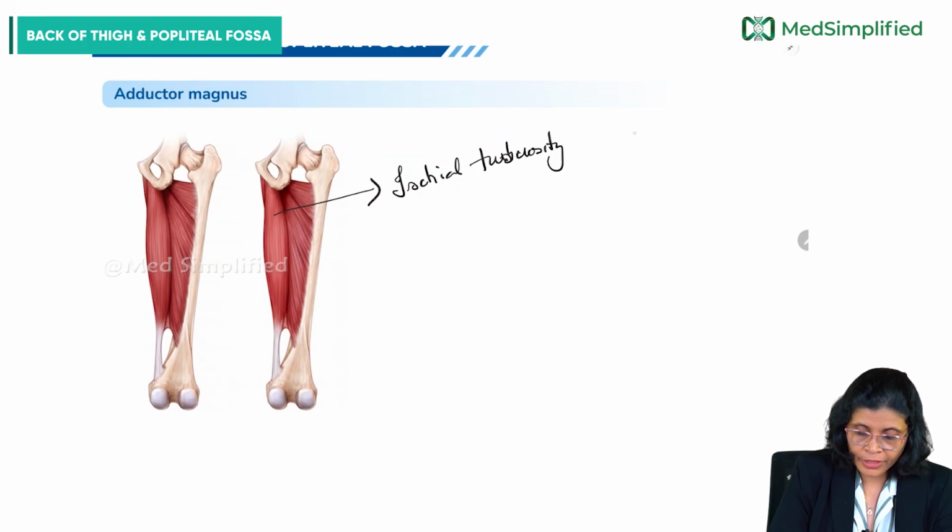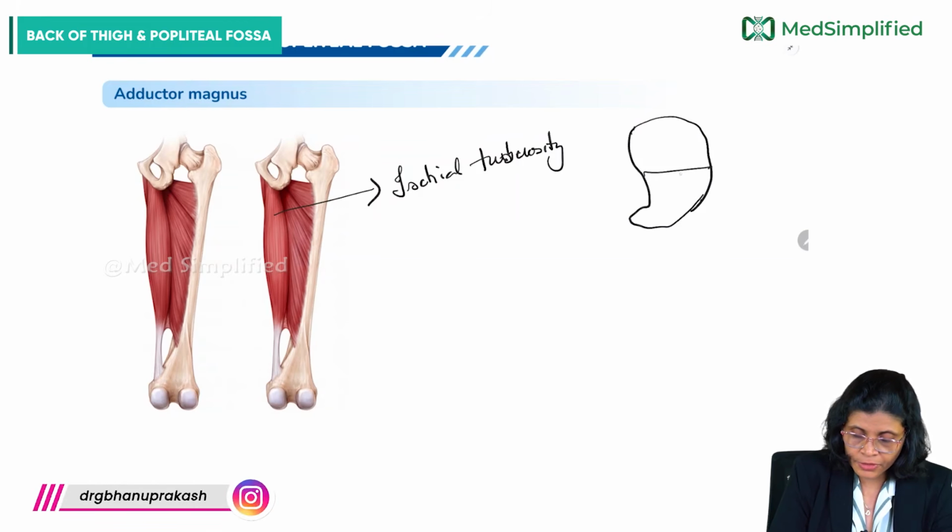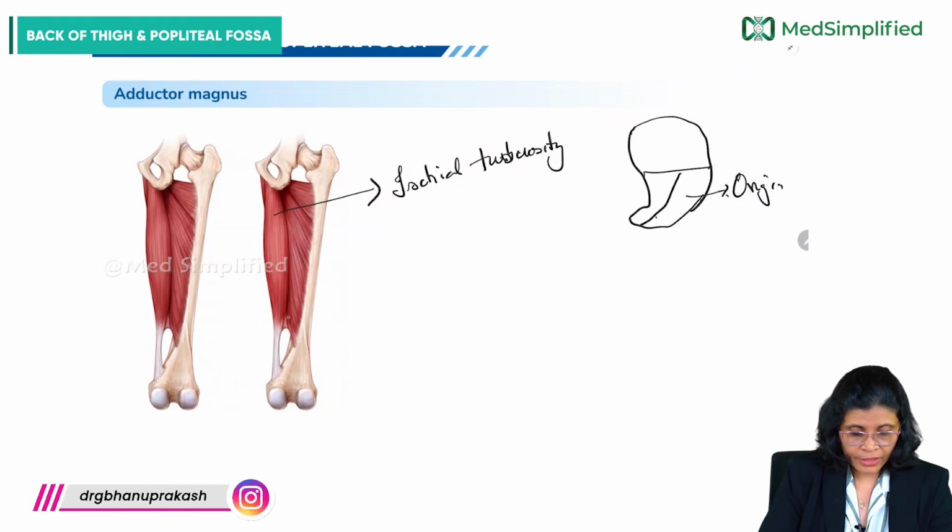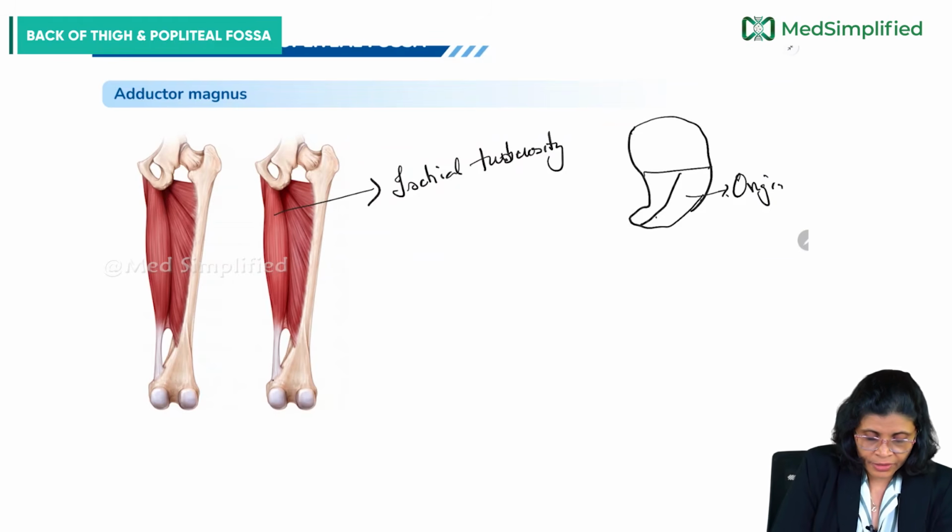So when we take the ischial tuberosity, this portion has the origin. So origin is here. Insertion, now if you see, is into the adductor tubercle.